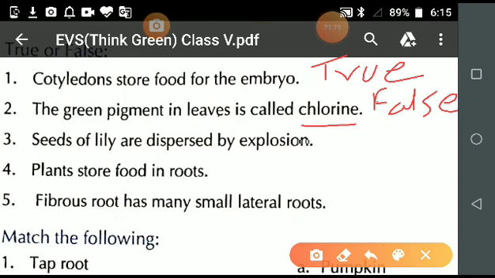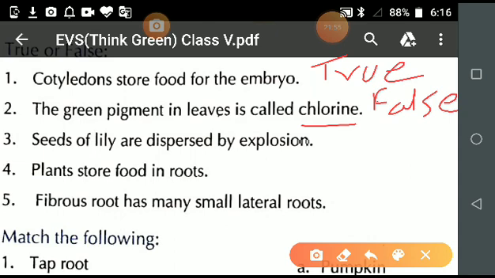Can plants move like human beings and animals from one place to another? No. That is the reason there is a need of spreading the seed from the parent plant.